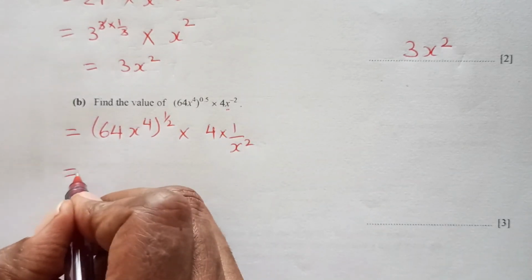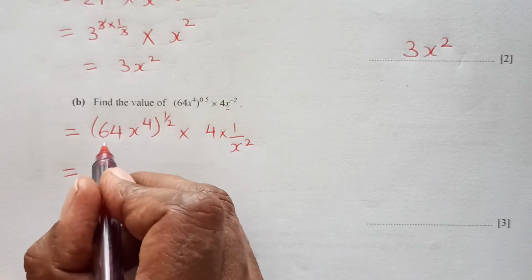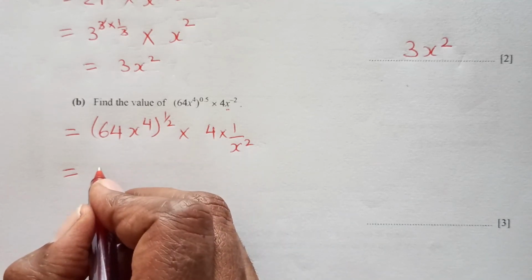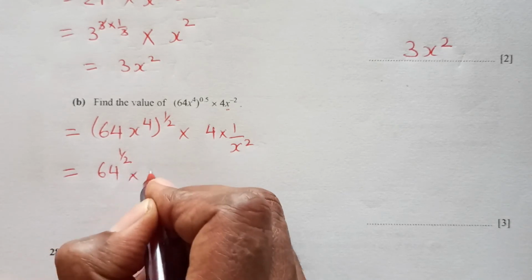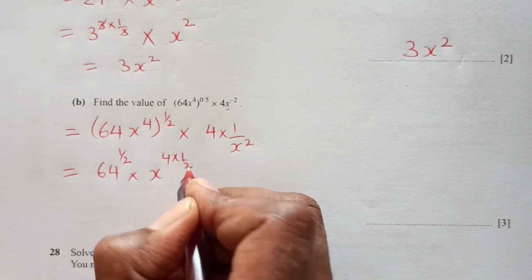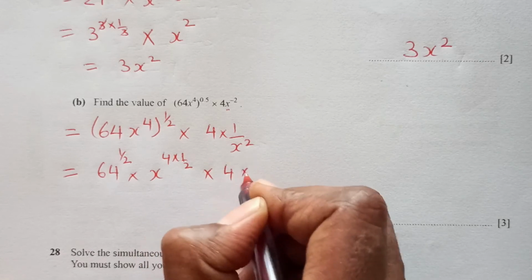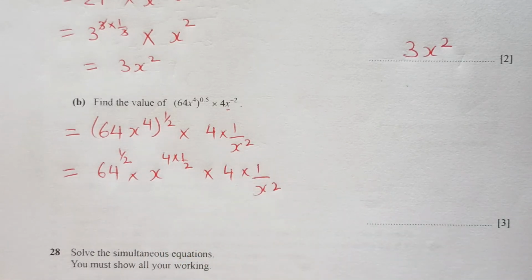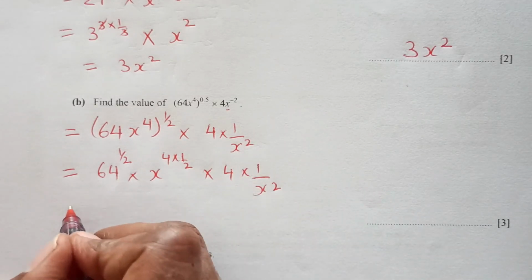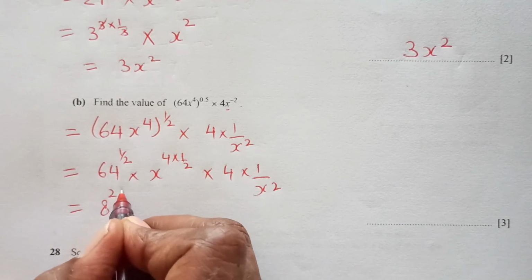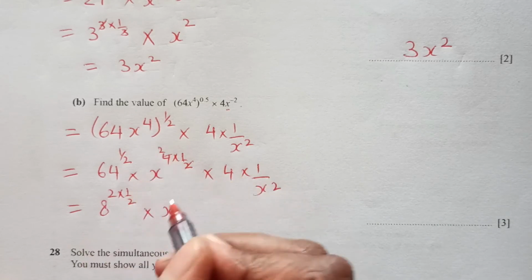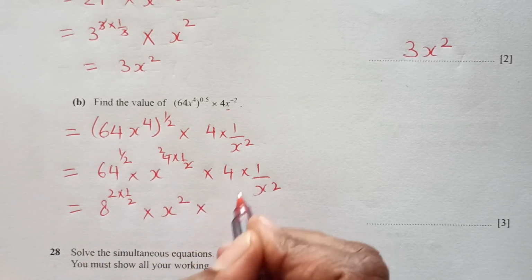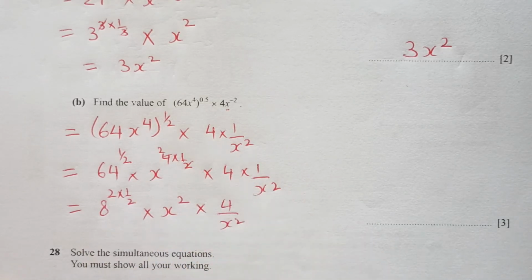Now this 2 applies to everything inside: 64 to the power half, and then x to the power 4 times half times 4, times 1 over x squared. So this can be written as 8 squared times 1 over 2, x to the power 4 cancelled, x squared. This can be 4 over x squared, we can write it down.